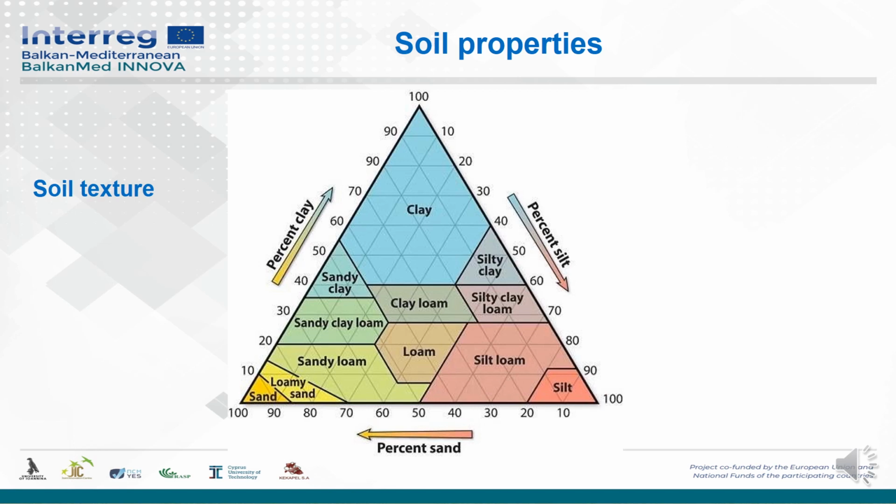And then we have 40% of silt, and they all meet together here, and in this case we have a clay loam soil. The first one that we defined previously was a clay soil. This is not a clay soil, but it is a clay loam soil, and so on. So this is the way how we define the soil texture with the help of the soil texture triangle.